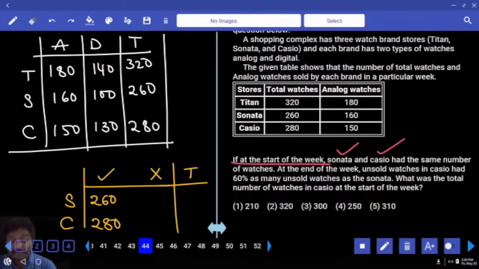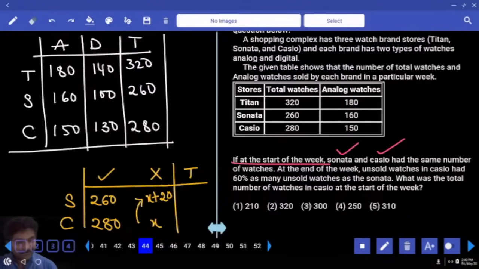Which is more? Then, unsold wise, Sonato should be 20 more than Casio. If it is X, here it should have x plus 20. Then only the total will be the same. If you want to cross check, you can do that. If you do the total, everywhere it is 280 plus x.